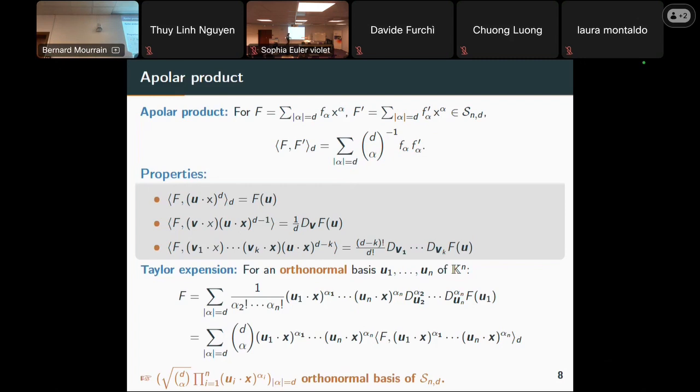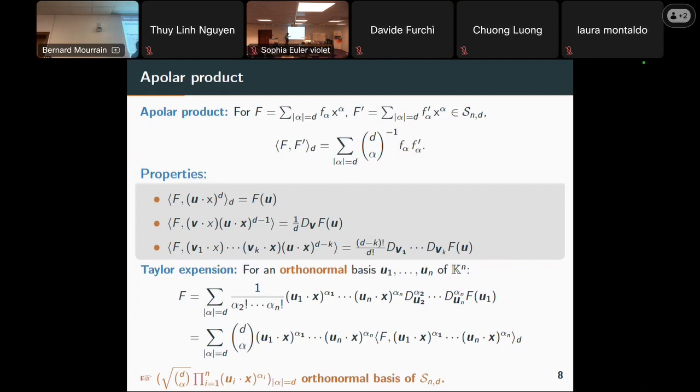So you have here a basis u_1, u_2, ..., u_n of K^n, which is assumed to be orthogonal for the Euclidean product. And with this, we take the expansion in the coordinates, and get the representation of your polynomial form f in this way.